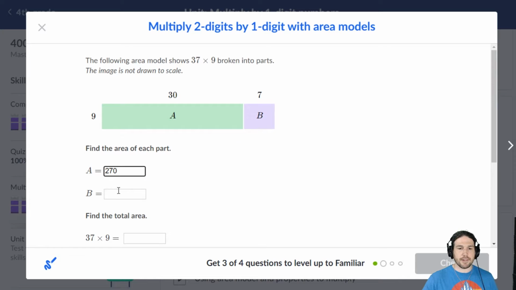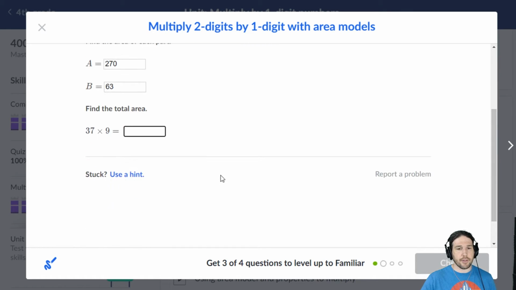And 9 times 7 is 63. So all I have to do now is add those up. 270 plus 63. I got 333 as my answer. Yeah, that's right.